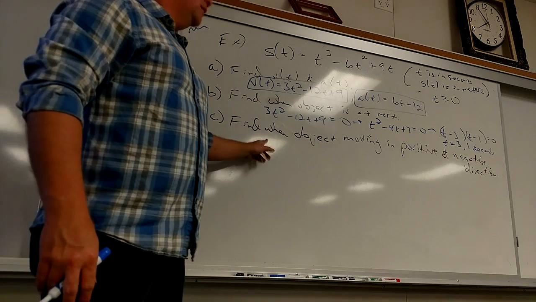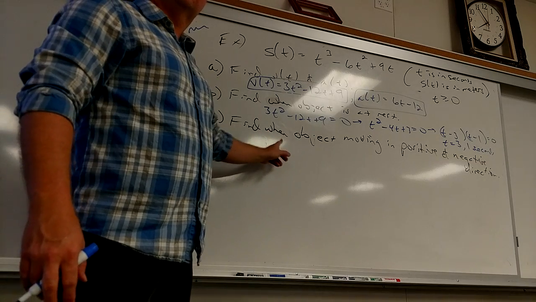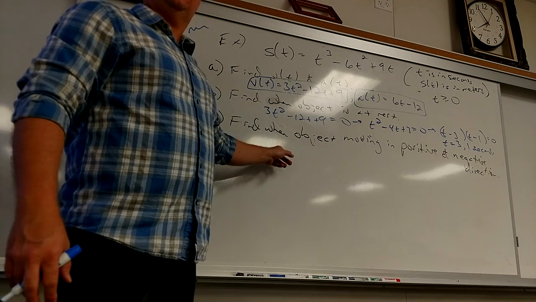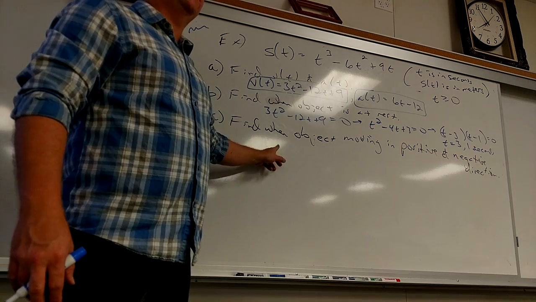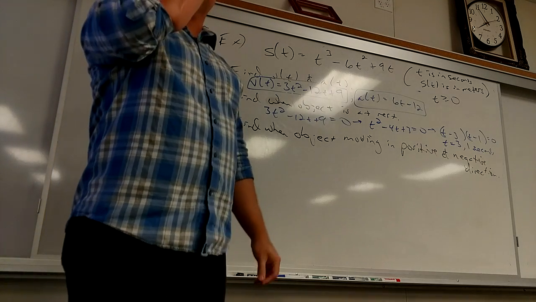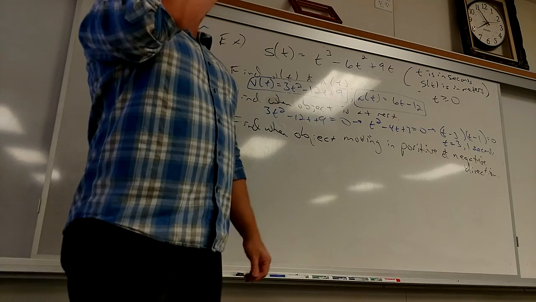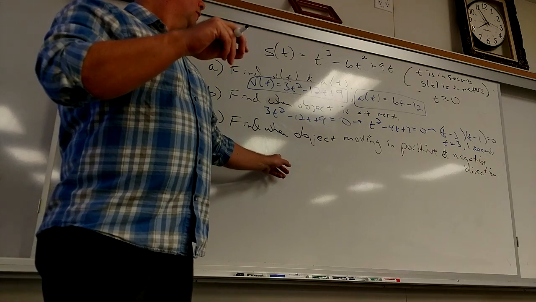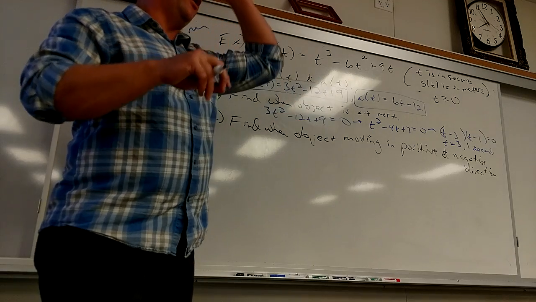So what do you guys think about this one? It's a really decent thing. I think you guys have done something like this in pre-calculus, and we're going to do this a lot. But here's kind of a nice way to do what this is asking, right? What's possible at 3 and 1?